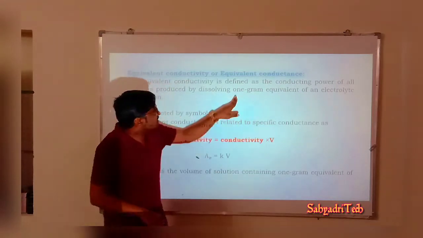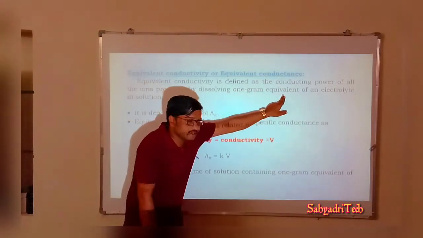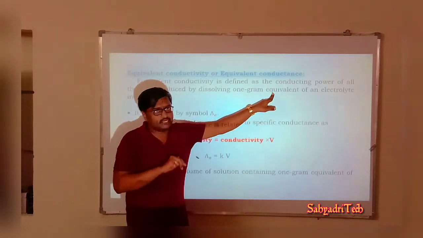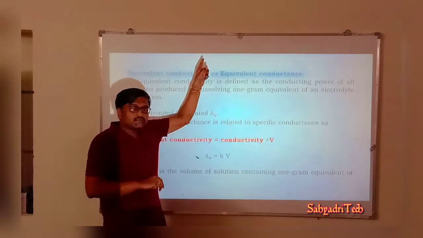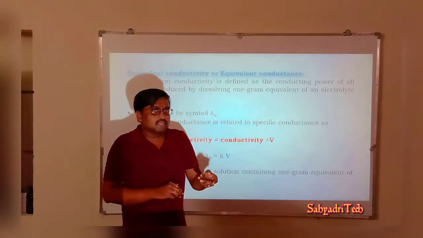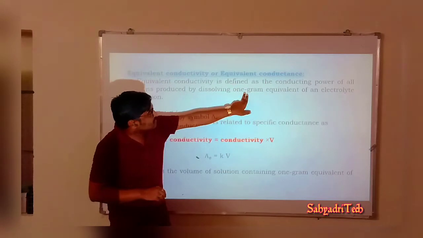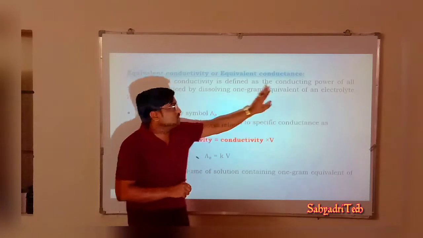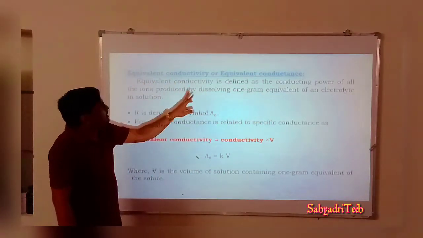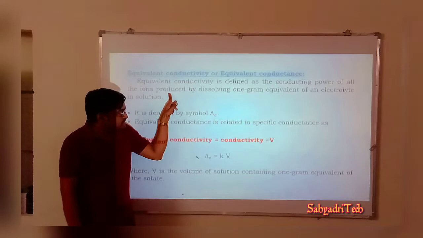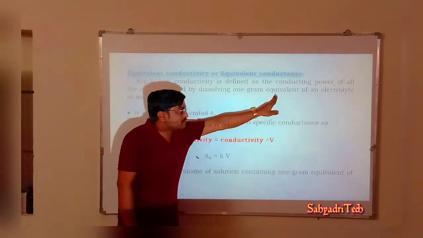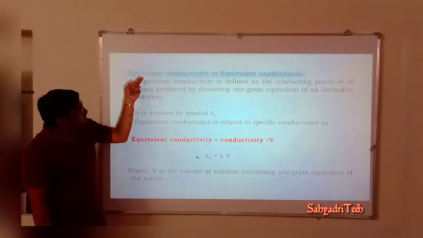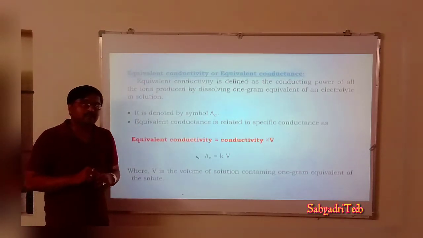Now we are saying 1 gram equivalent of an electrolyte; that is the basic difference between molar conductivity and equivalent conductivity. So in molar conductivity we say 1 mole of an electrolyte, and in equivalent conductivity we say 1 gram equivalent of an electrolyte. So the definition: the conducting power of all the ions produced by dissolving 1 gram equivalent of an electrolyte in a solution is called equivalent conductivity or equivalent conductance.